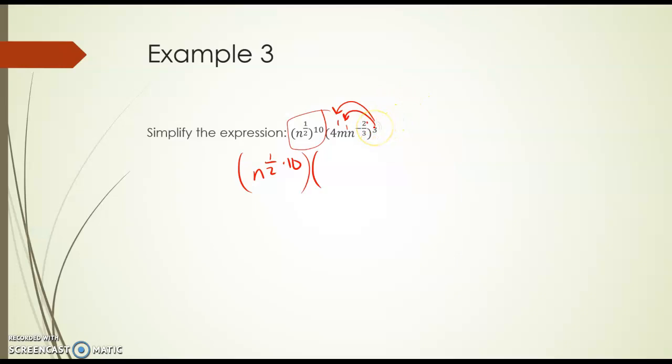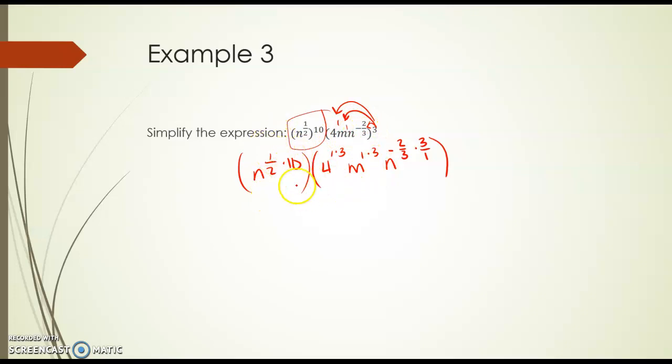So that's going to become 4 to the 1 times 3 times m to the 1 times 3, and then n to the negative 2/3 times, I'm going to write it as 3 over 1 just so that we can see those fractions. So that's what we do with the exponent when we're doing the power of a product, because this right here is a product.